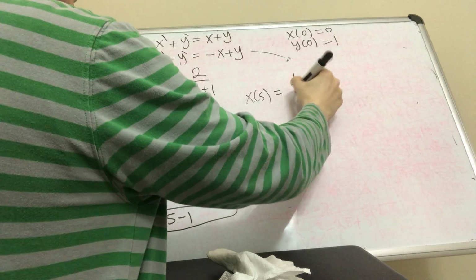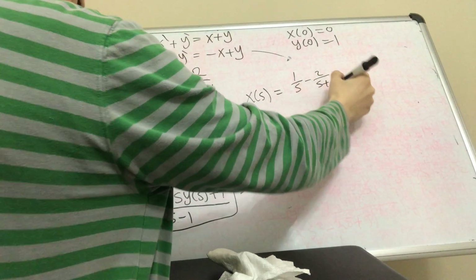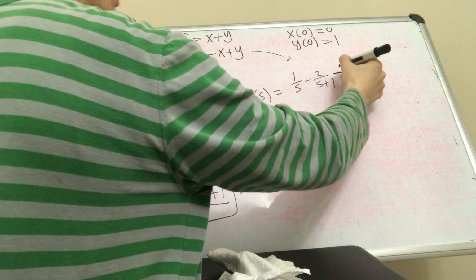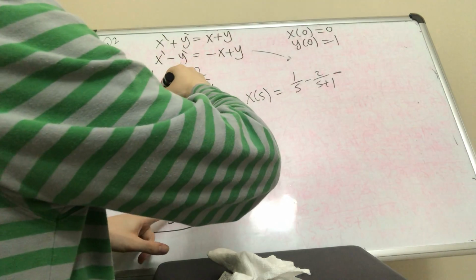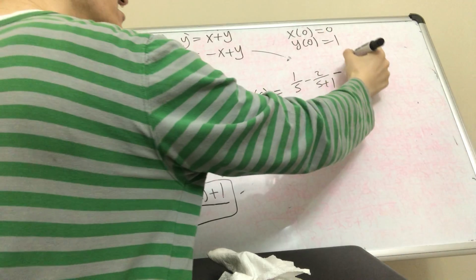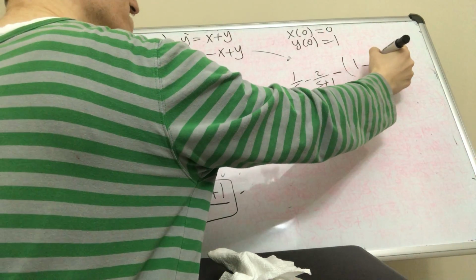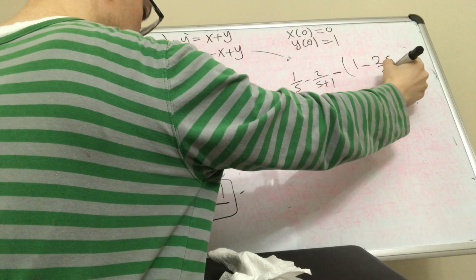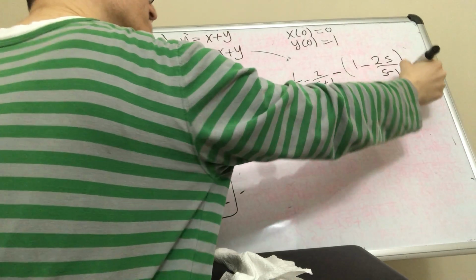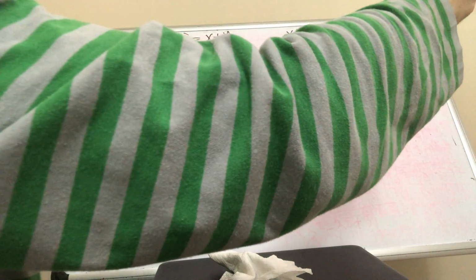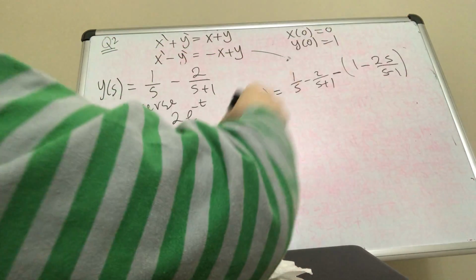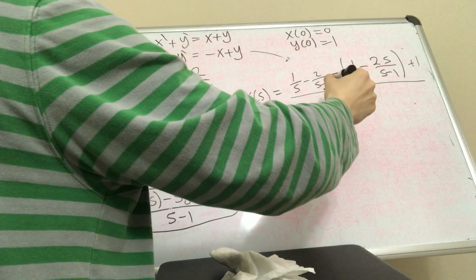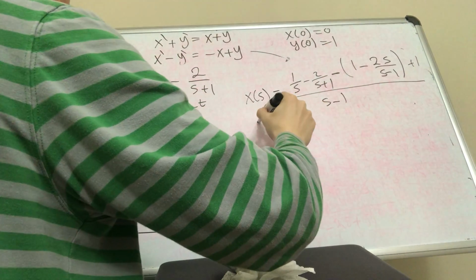So 1 over s, 2 over s plus 1, minus, you multiply this by s, becomes 1 and 2s over s minus 1 plus 1 over s minus 1.